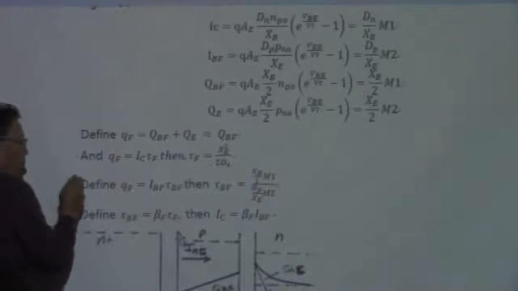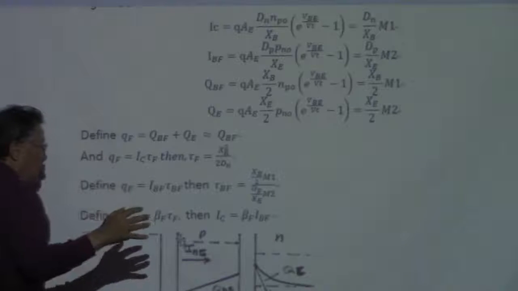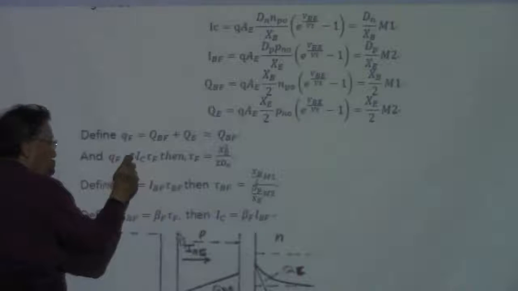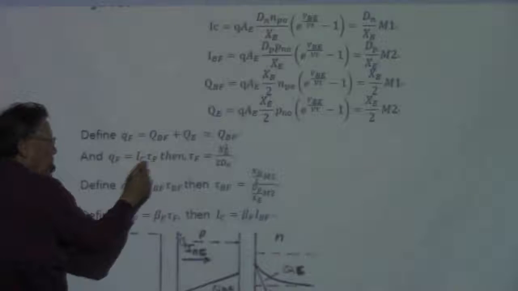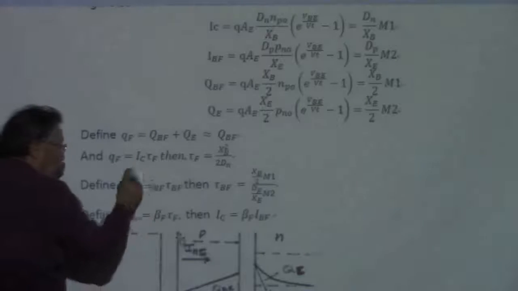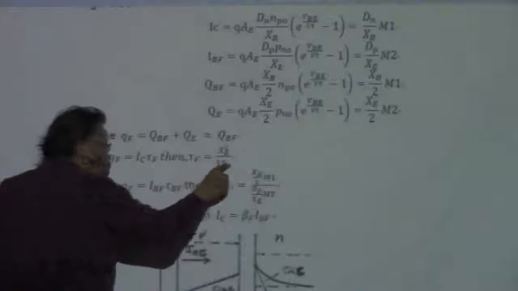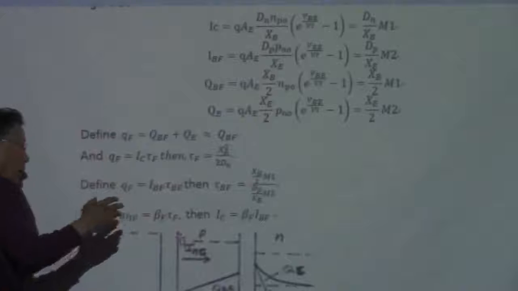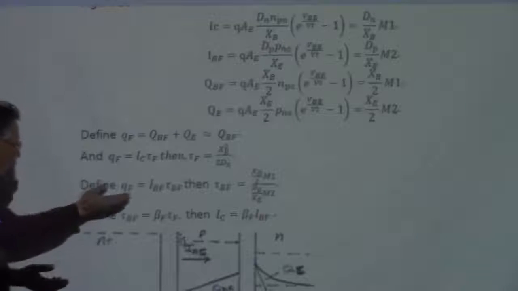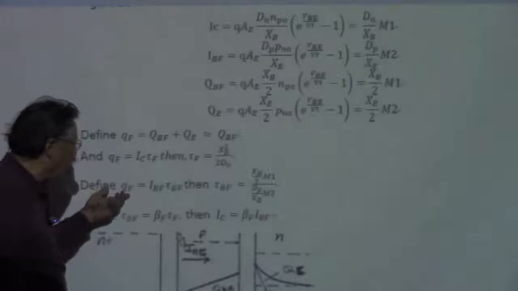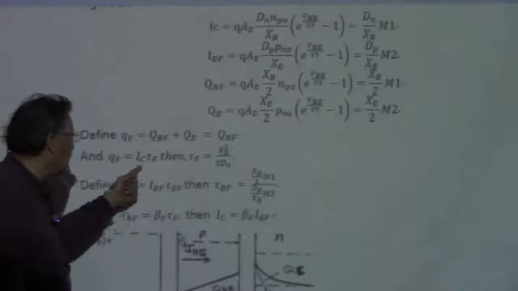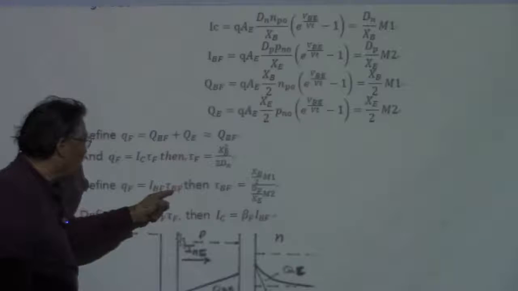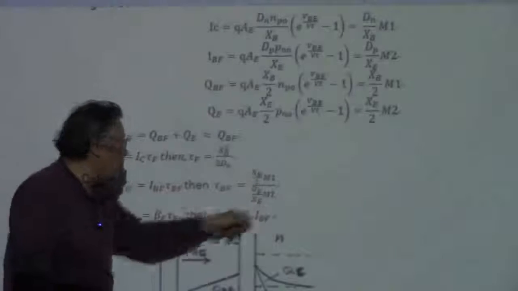Okay? So, if you want to say this QF is the multiplication of the collector current and the characteristic time, the characteristic time is going to end up with this equation. And if you want to say the charges QF in terms of the base current, not in terms of the collector current, then here the characteristic time is going to be expressed like this.